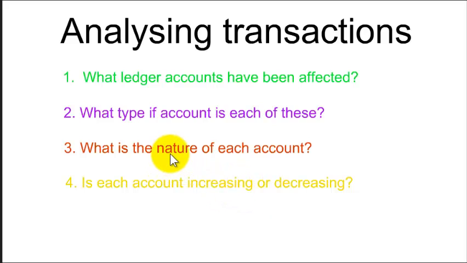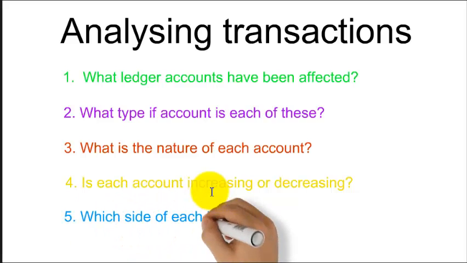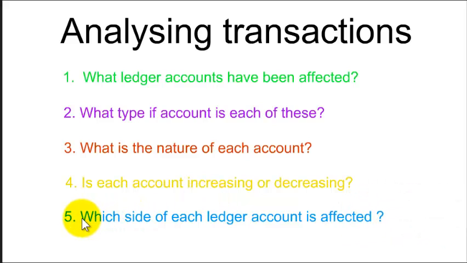If we're talking about a liability or revenue for that matter, it's credit in nature, and if that increases, it goes on the credit side. So these rules we must be able to apply to know whether the transaction is going to be debit or credit. Alright, so that answers the last question here, what side of the ledger account is affected.